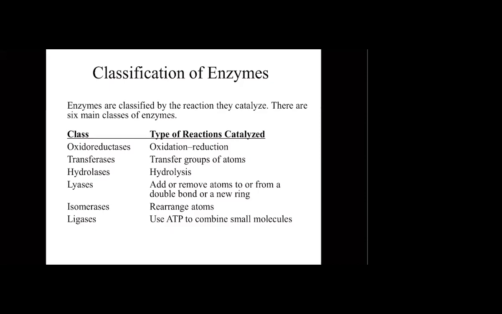Lyases are going to either add or remove atoms, but we know that they are different from transferases, especially the lyases that add atoms, because lyases tend to form double bonds or a new ring as the product of the reaction. We also have enzymes that are known as isomerases.